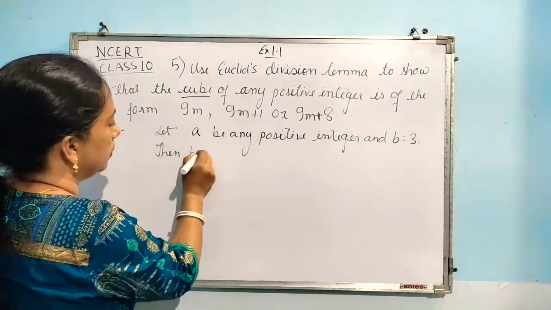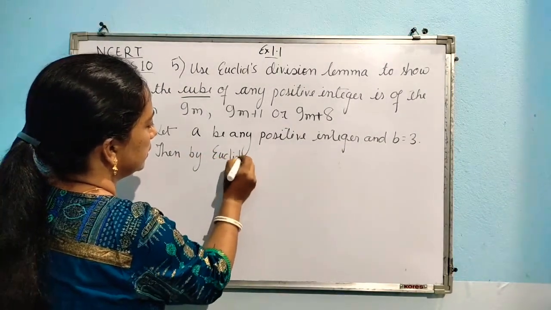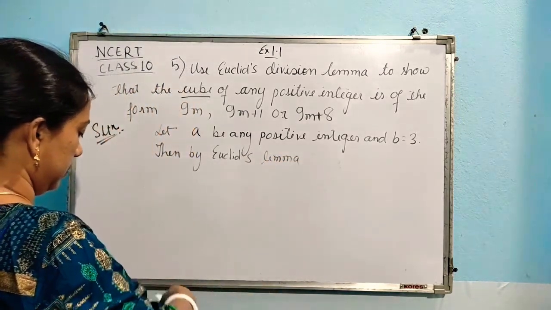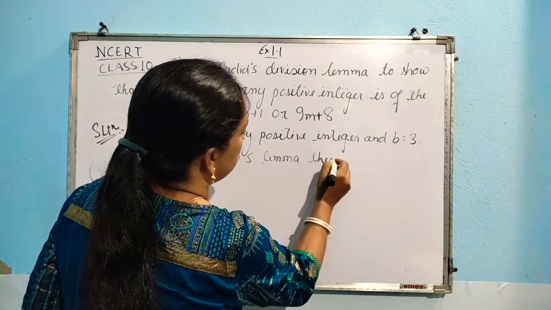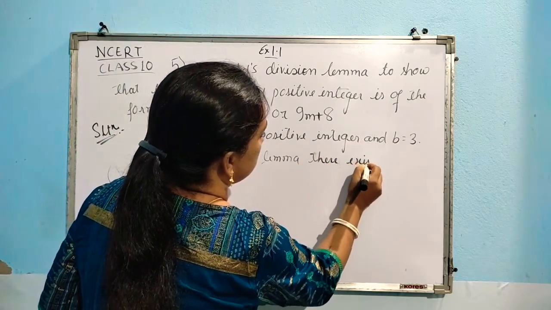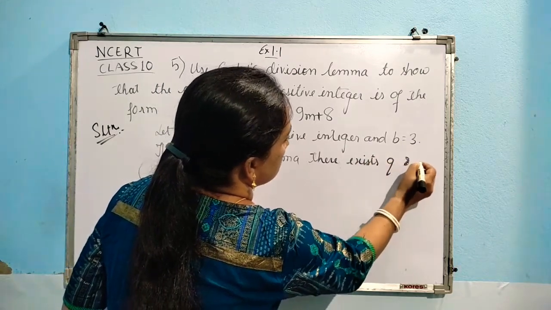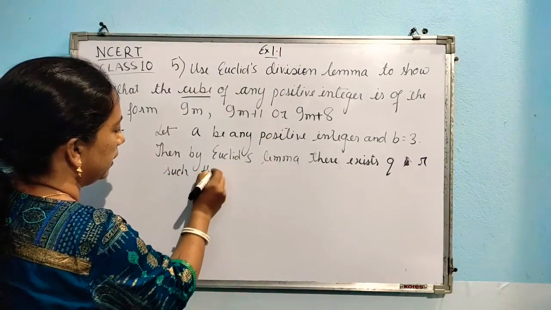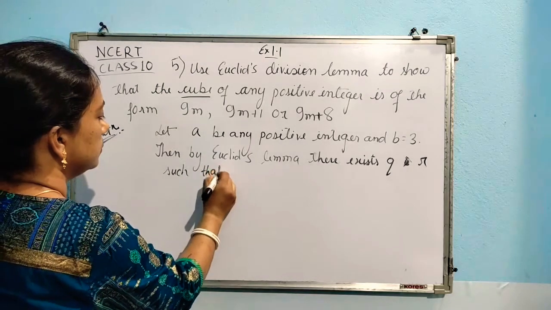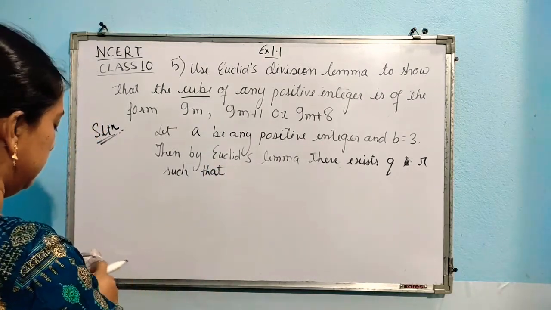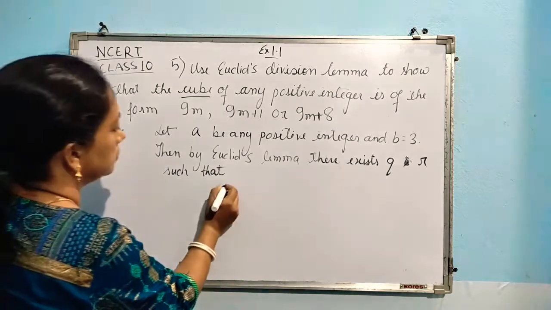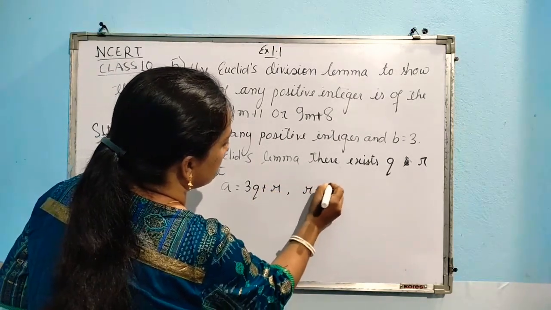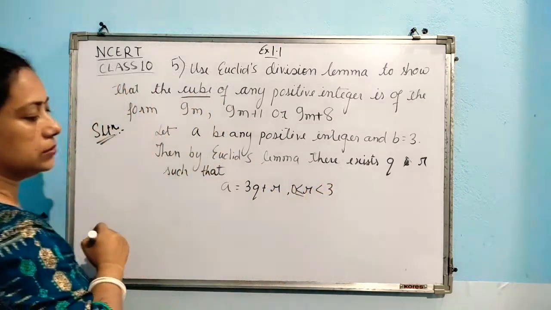Then by Euclid's lemma, there exist q and r such that a is equal to 3q plus r, where r is greater than or equal to 0.